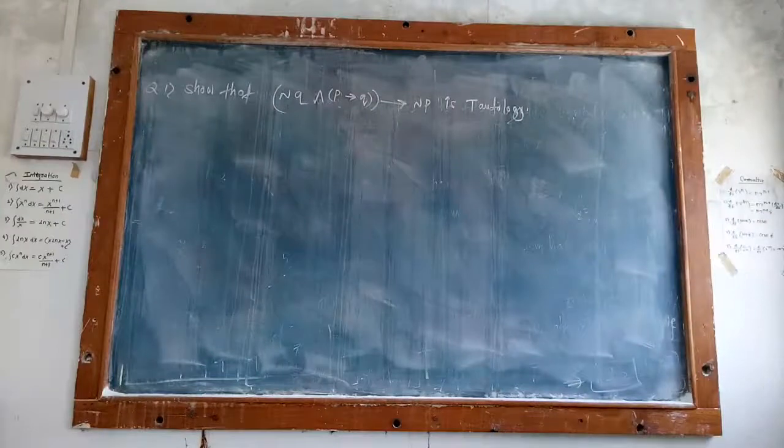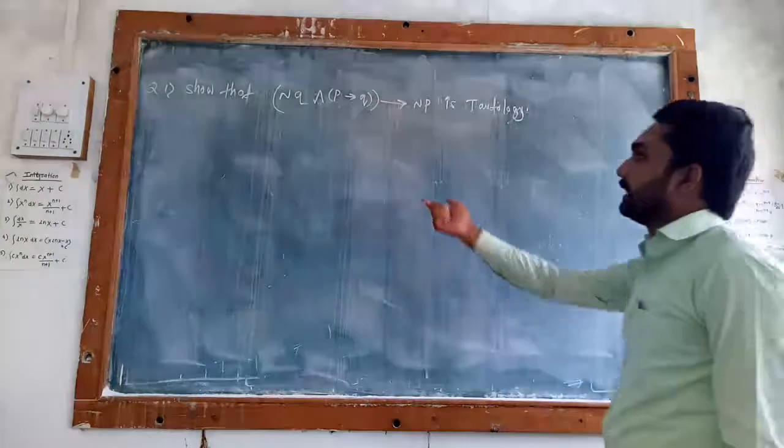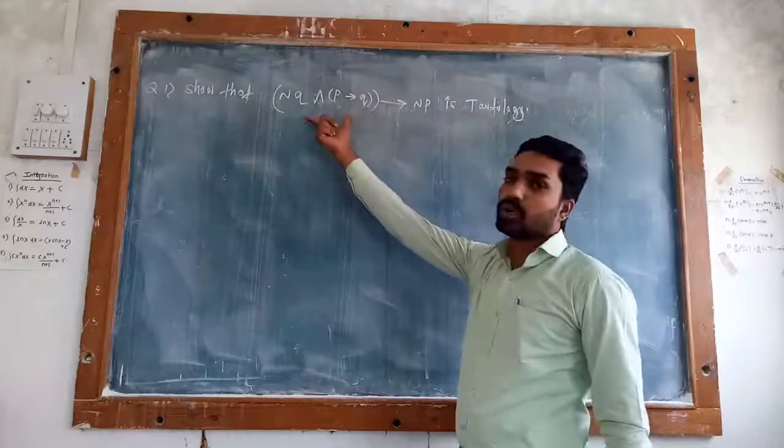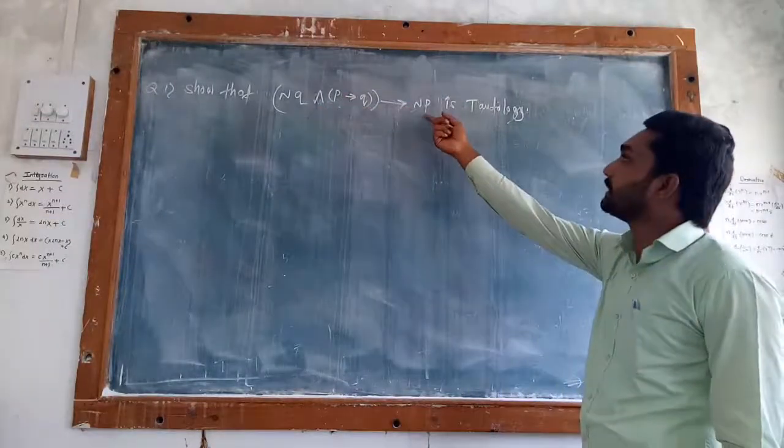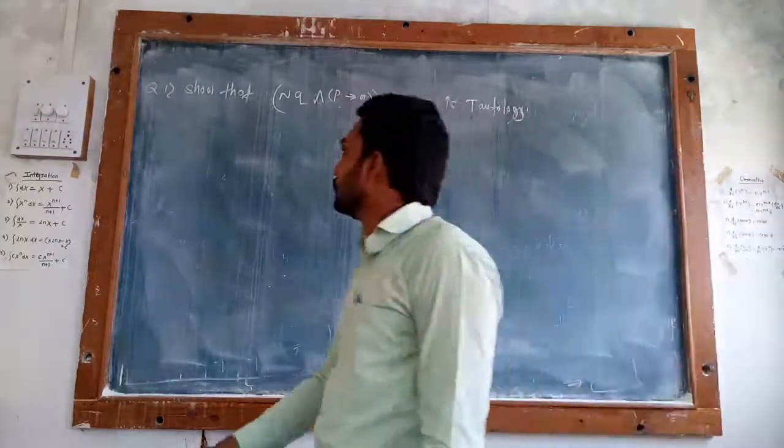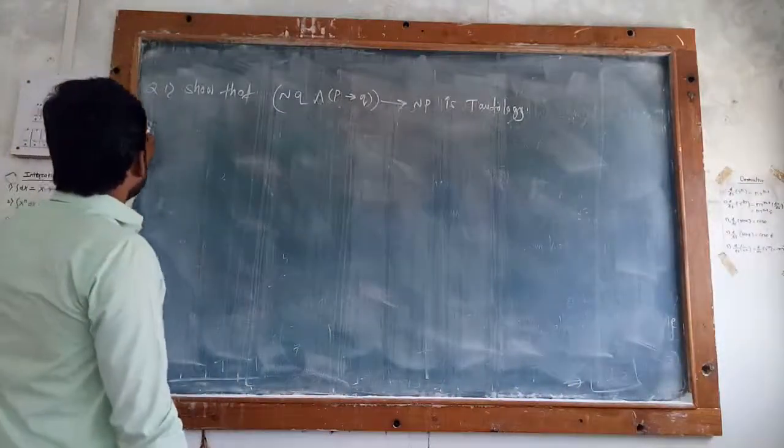What is your question? We have to show that the whole bracket, negation Q and P implies Q, implies negation P is a tautology. So that is another solution.